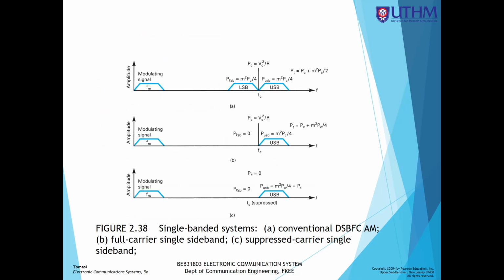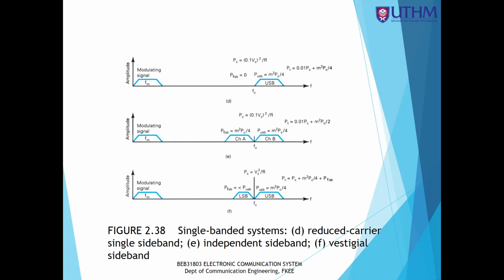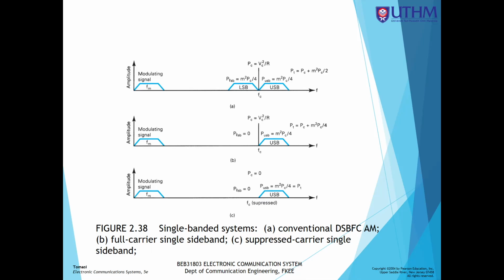So how is VSB able to reduce the excessive amount of bandwidth used to transmit both video and audio signals? There is a method for the vestigial sideband to transmit both the audio and video signals.